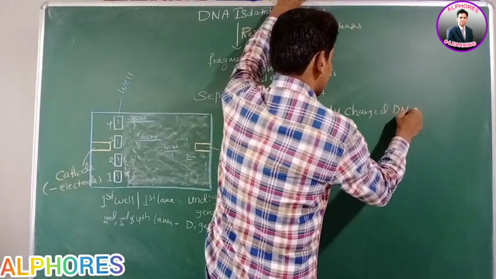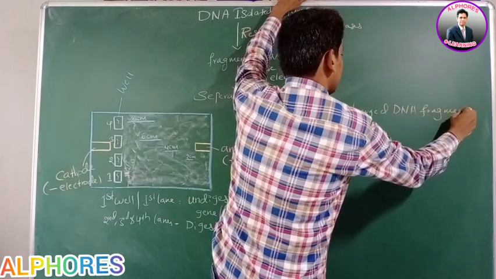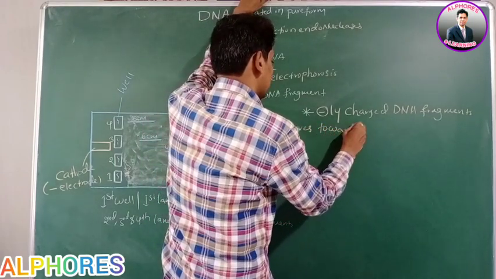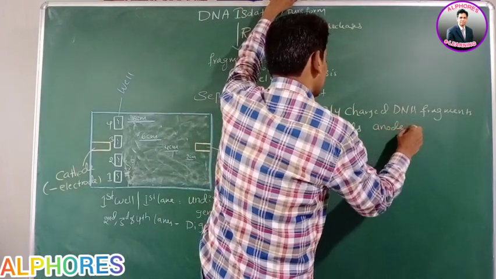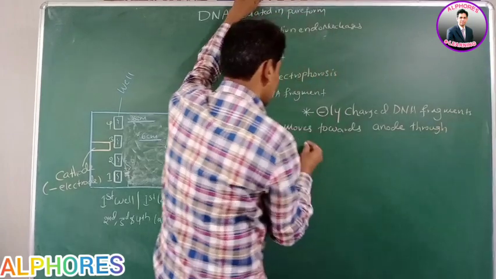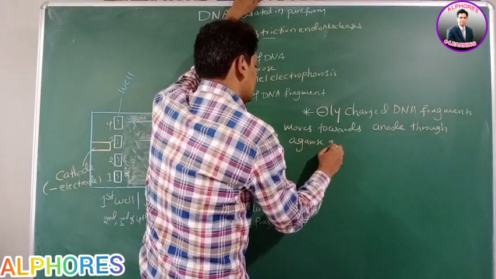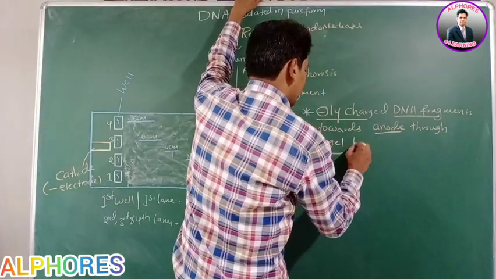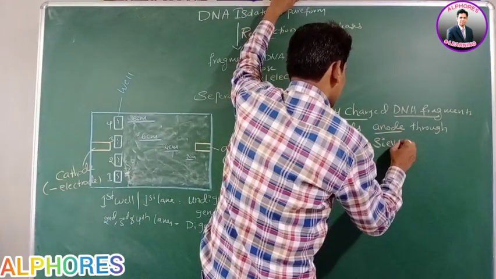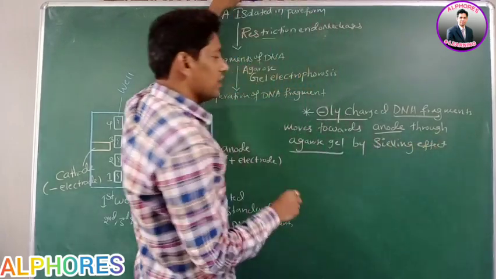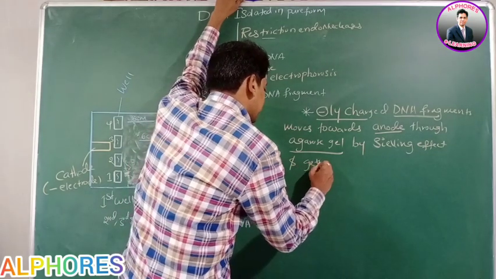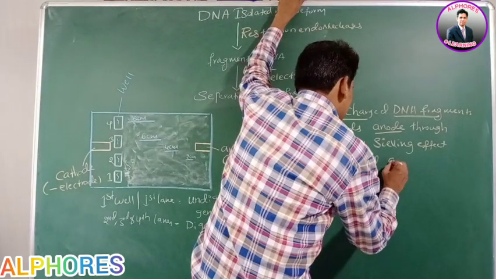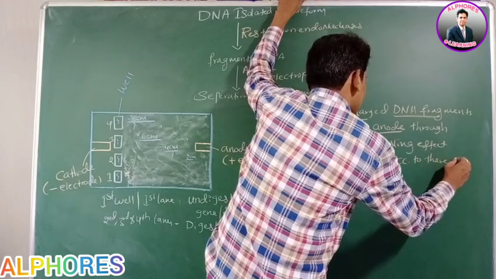Negatively charged DNA fragments move towards the anode through agarose gel by the sieving effect, and get separated according to their size.